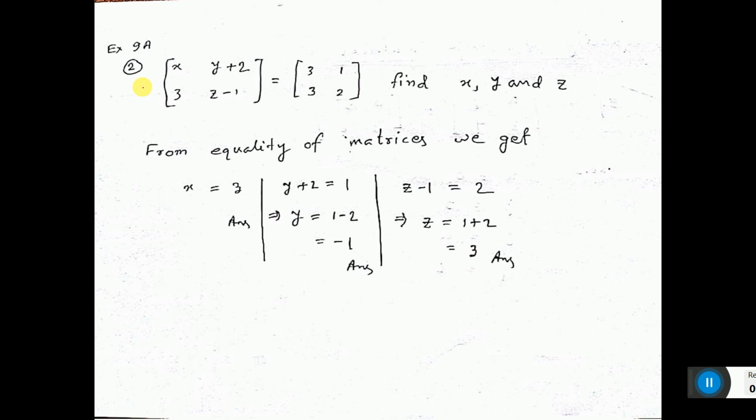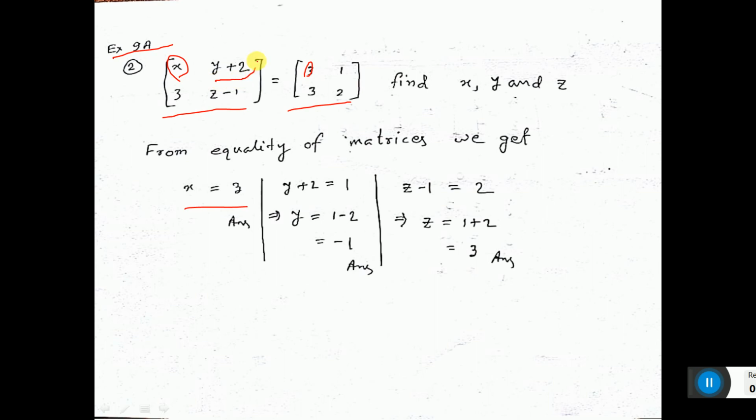Now see one sum I have done. This is exercise 9A of a book. I have given the sum to you for practicing. In the book it is given that this matrix equals this matrix, find x, y and z. From equality of matrices you can write x corresponds to 3, so x equals 3.